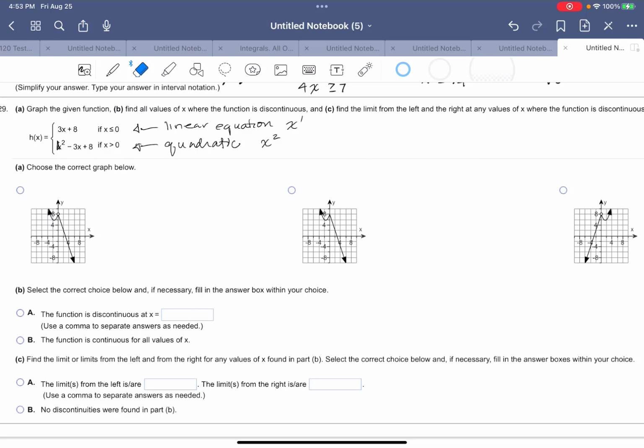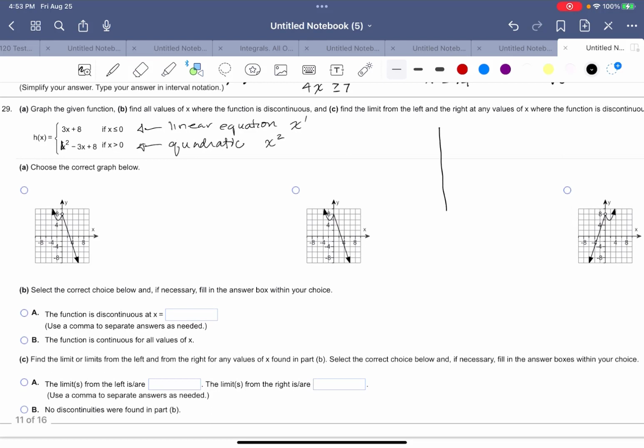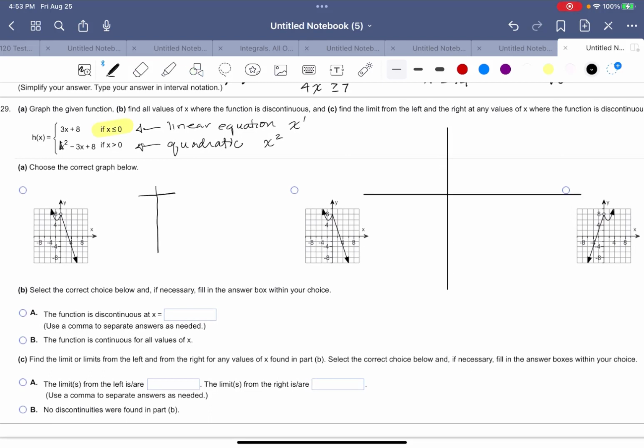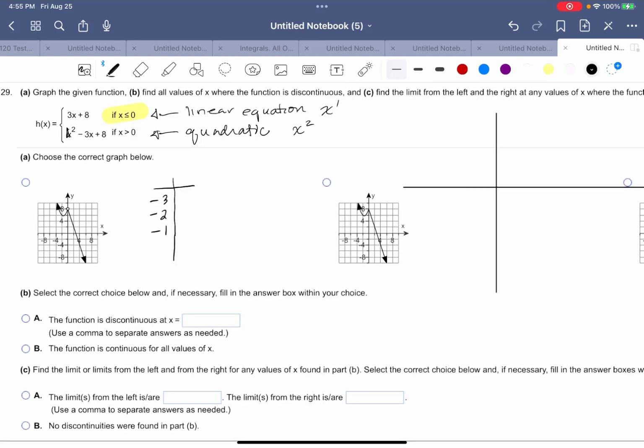The answer may or may not have printed properly here, so let's just go ahead and draw the graph from scratch. I'm going to pick some values that are less than 0, like maybe -3, -2, -1, and I have to also look at 0, and 0 is included on this portion of the graph. So these are my input values, and these are my h of x values.